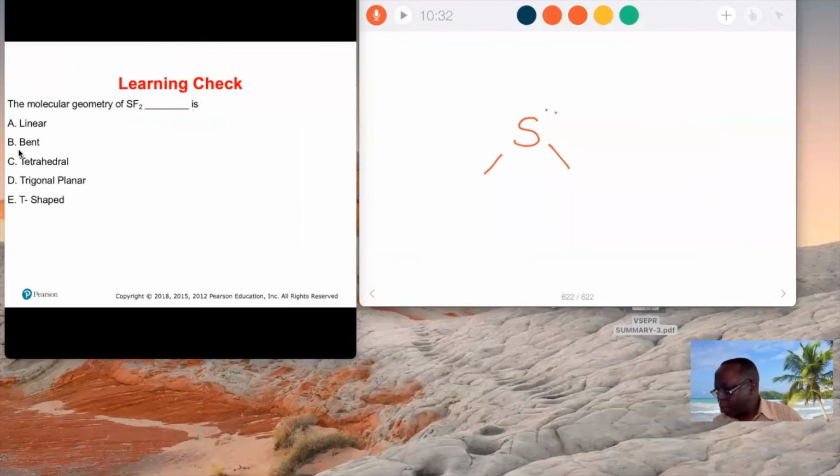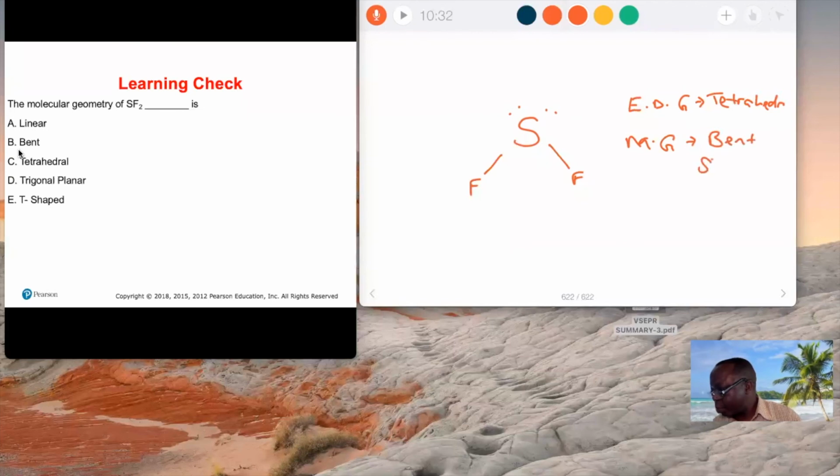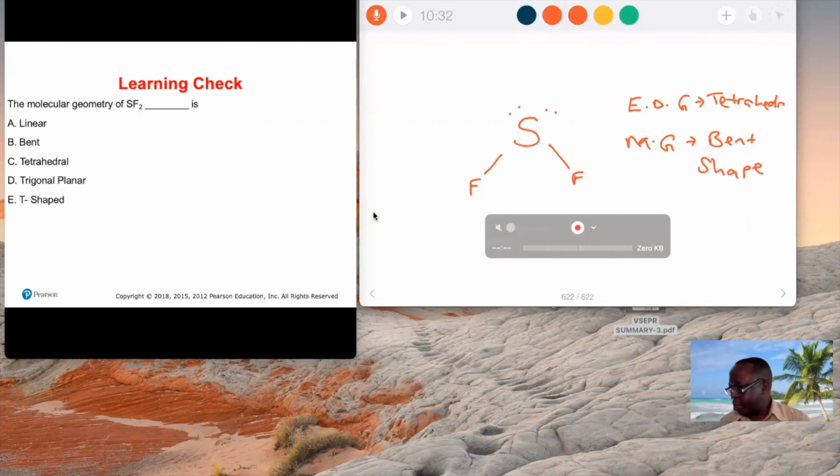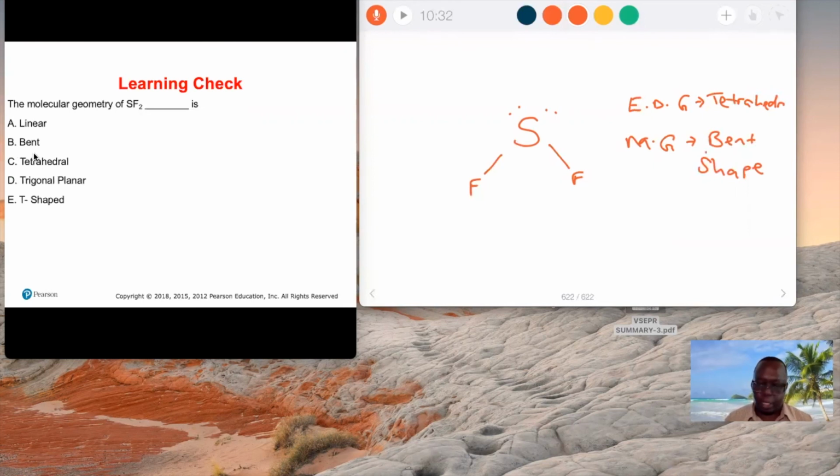So the lone pairs will be there, fluorine will be there, fluorine will be there, and electron domain geometry, this is tetrahedral. And then molecular geometry, this is bent shape. That's how I'll use that table. I'm looking for molecular geometry, which is bent shape right here. So the correct answer for that is B.